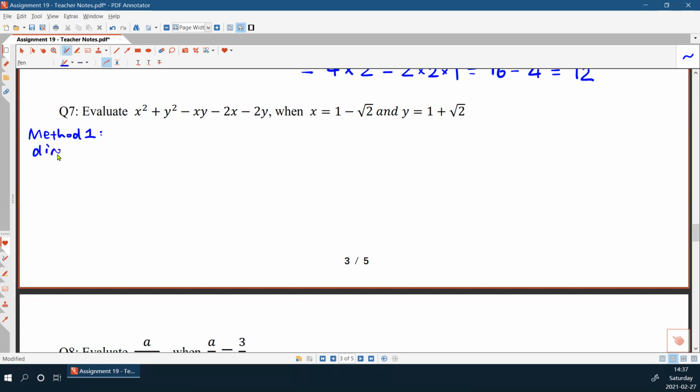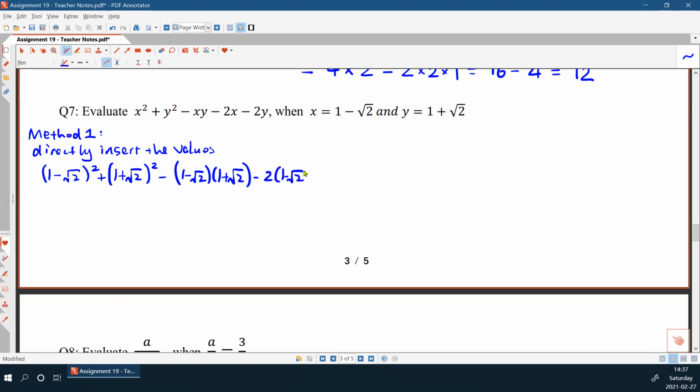which we call directly insert the values. Okay, so what will happen here? You will get 1 minus 2 square root 2 squared plus 1 plus square root 2 squared minus x times y minus 2x minus 2y, right?